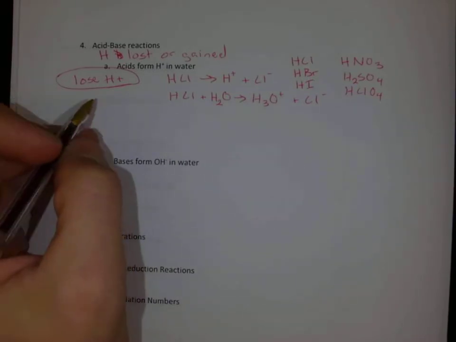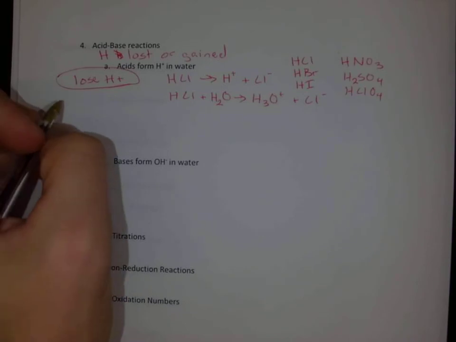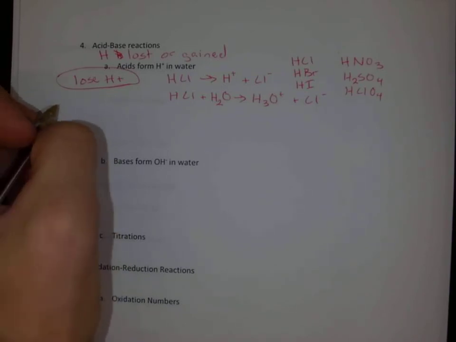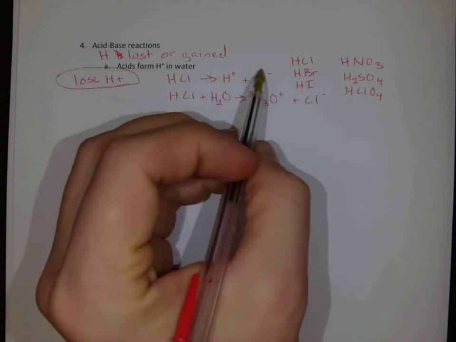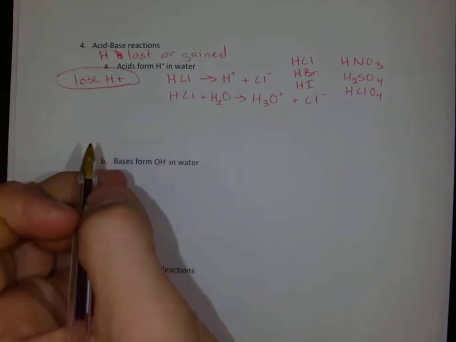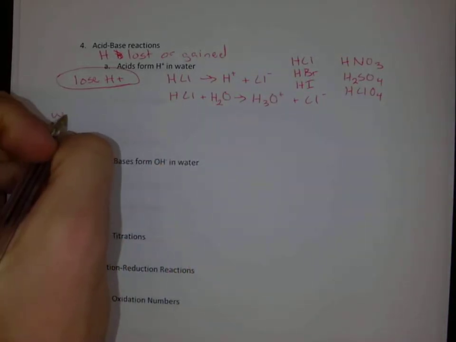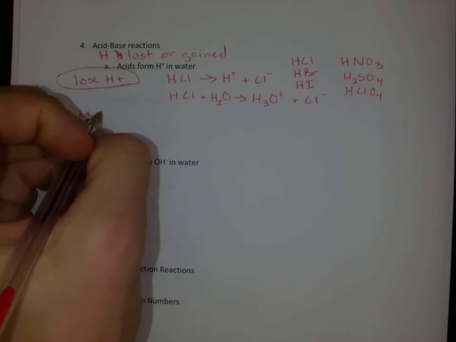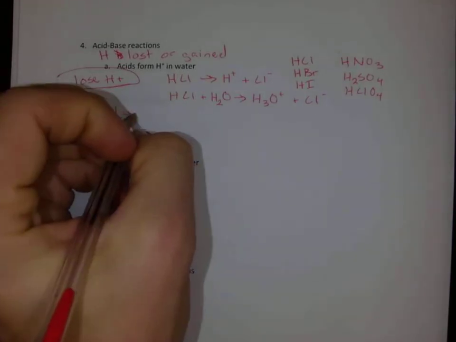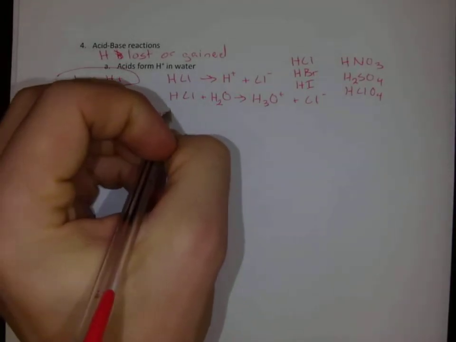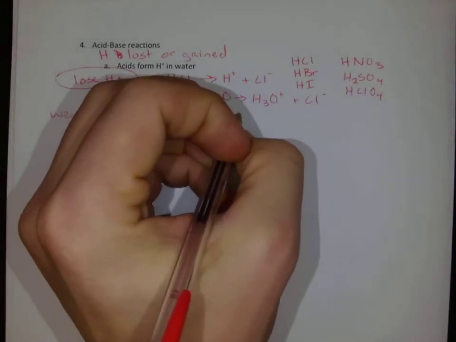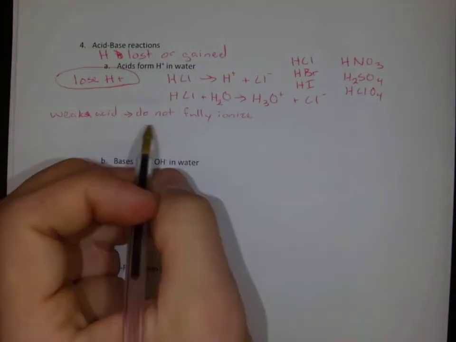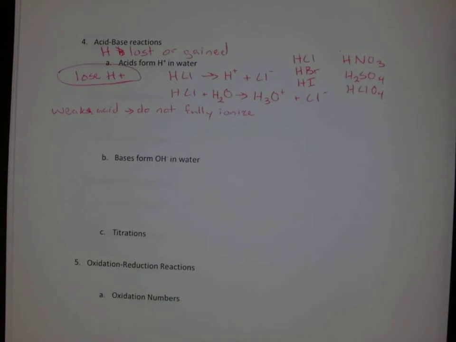So weak acids do not fully ionize, okay? So strong acids, they're completely going to go over this way to form H plus and Cl minus. Weak acids do not fully ionize. Okay? And we will talk a whole lot more about that later this year.